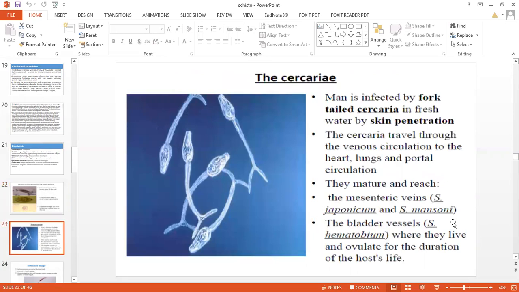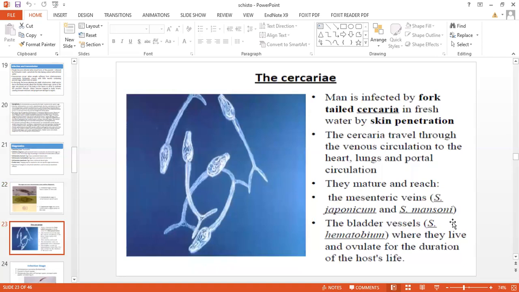Cercaria, this is the third form, by which man gets infected. It's a fork-tailed cercaria in freshwater, and these are the forms by which they penetrate the skin. They travel through the venous circulation and eventually reach either the lung or portal circulation.